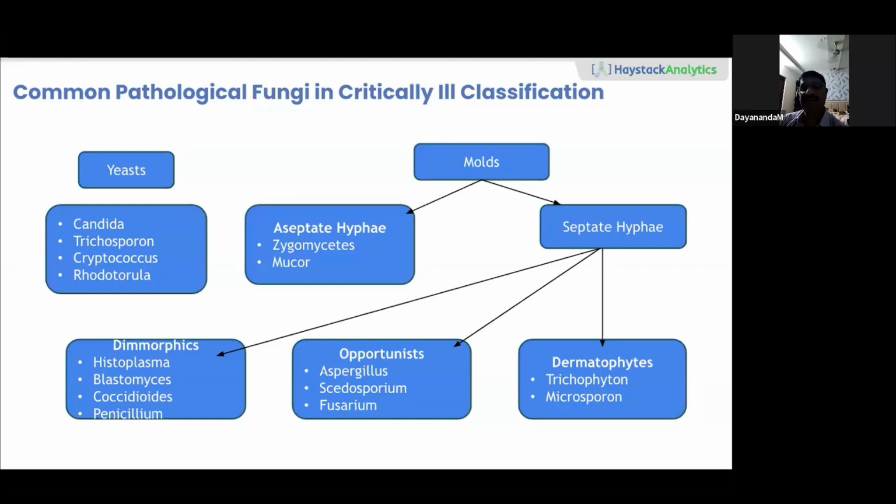Septate hyphae is again divided into dimorphics, opportunists, and dermatophytes. Dimorphics include Histoplasma, Blastomyces, Coccidioides, and Penicillium. The opportunists include Aspergillus, Scedosporium, and Fusarium. Dermatophytes include Trichophyton and Microsporum.